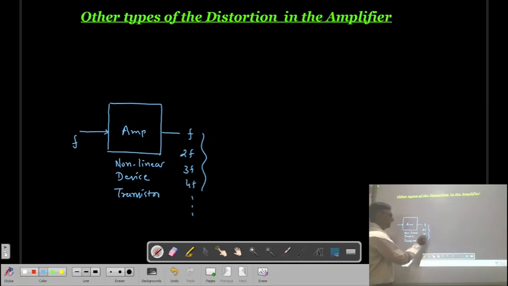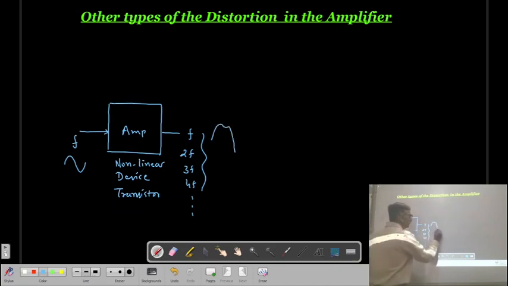Now, when all these harmonics are superposed on the fundamental frequency, the shape of the fundamental is changed, and that is known as harmonic distortion. So if I apply a purely sine wave at the input, the output signal will look like this, because the harmonics are superposed on the fundamental frequency. This is known as harmonic distortion.